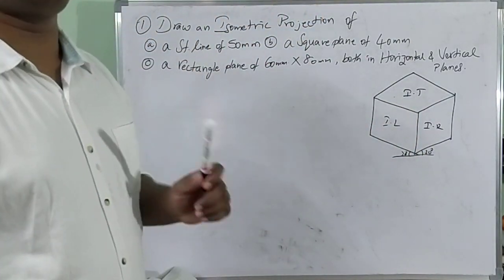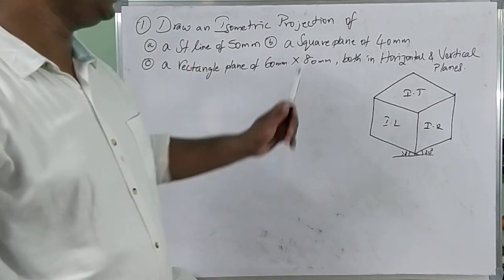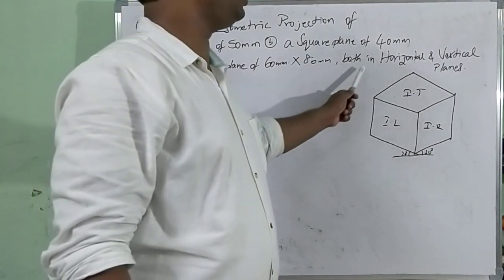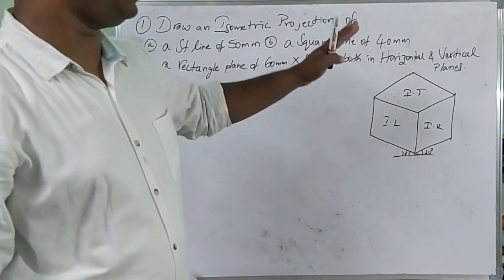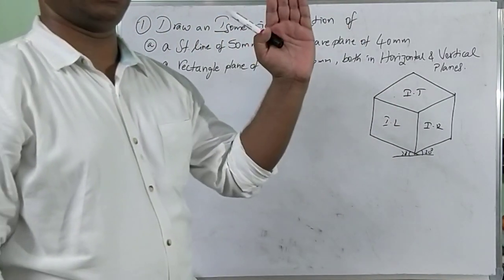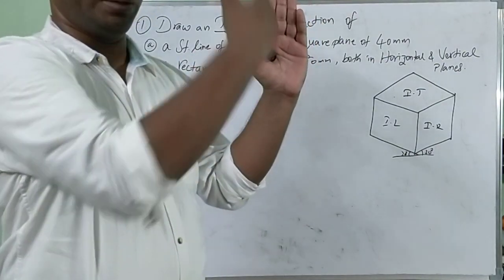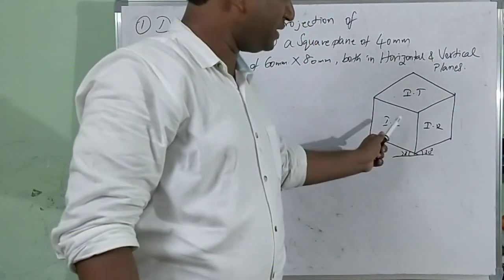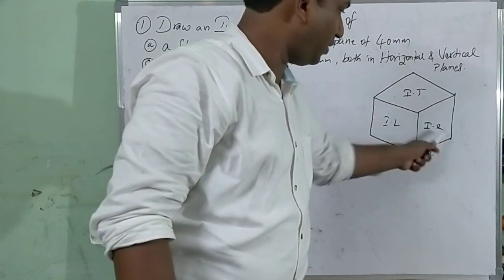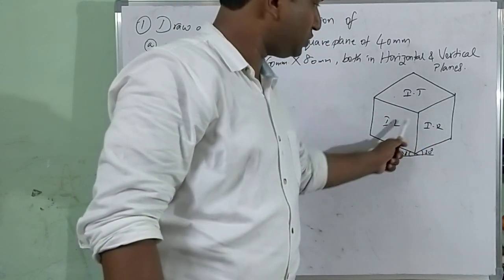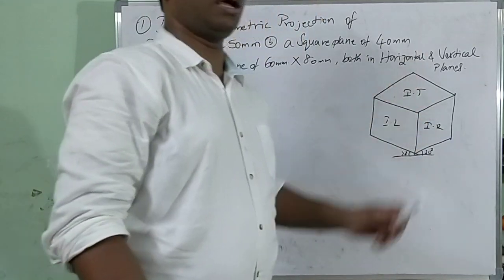Now, as per the principle of isometric projection, we had three planes, but he is asking in the question both in horizontal and vertical planes. Vertical means like this. Vertical we will have height. In these three faces, where you can observe height, vertical means these two planes belong to vertical planes.